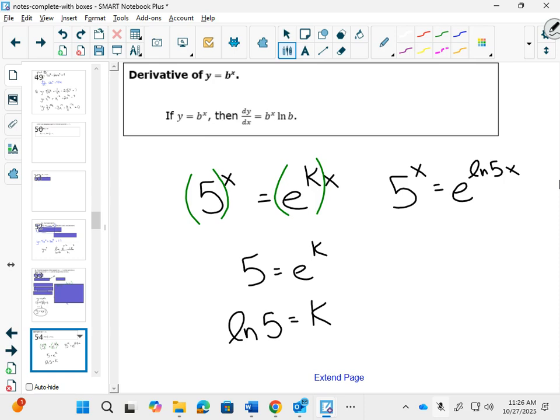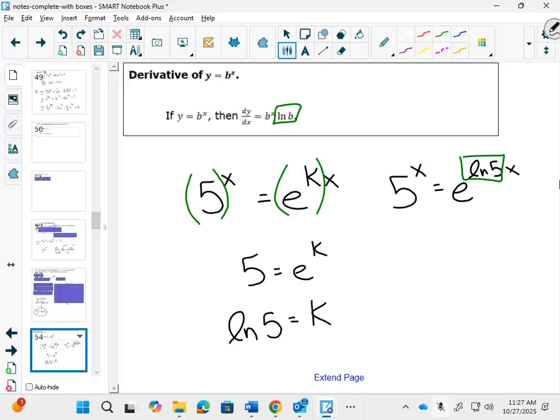And normally the derivative of e to the x is itself. So the derivative of 5 to the x has a little bit of that itself, but because there's this extra natural log involved, that shows up. And once we learn a couple more derivative shortcuts, it shows up as a multiplication there in the end.